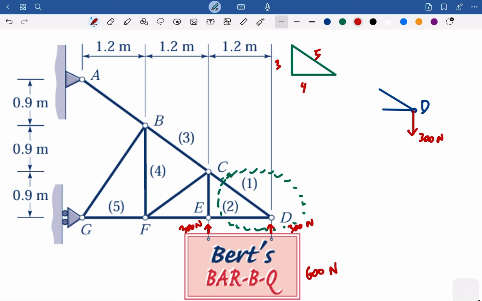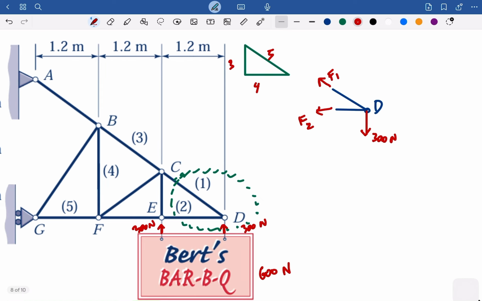All right. So from this D again, we have cable 1 and cable 2, which we could describe as F1 and F2. And we have 3, 4, 5 as the ratio.